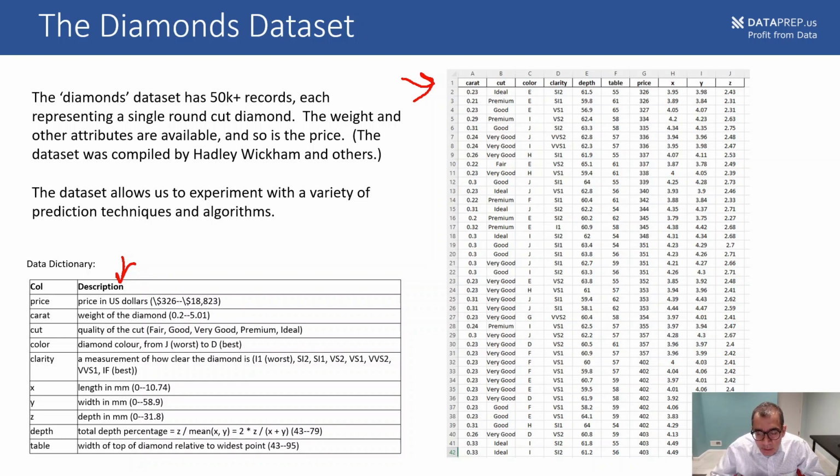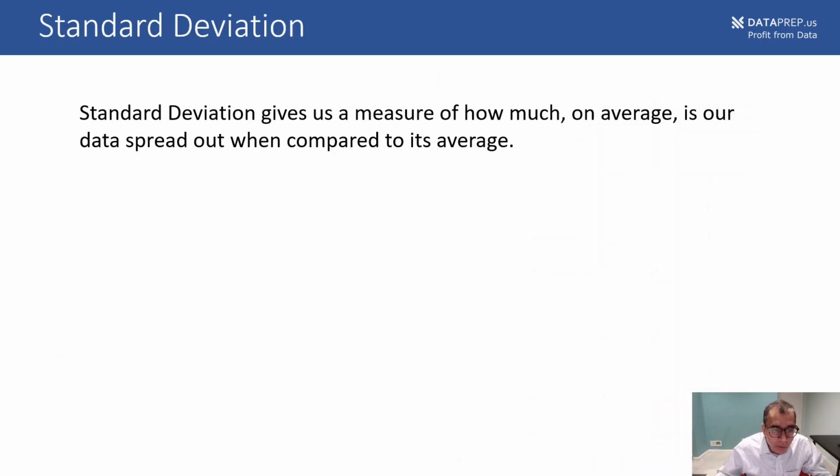But this data set, as you can imagine, is reasonably large. It's got 53,000 records, and it gives us information on all of these diamonds. So we can experiment with this to try out concepts and ideas and illustrate things that we want to look at. And that's what we will be using for some of these videos.